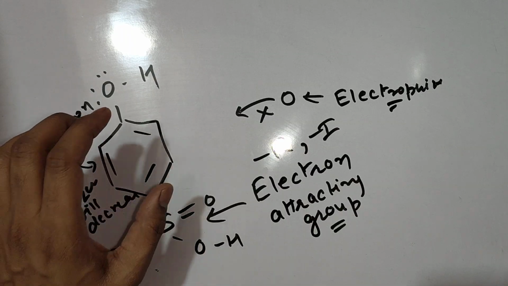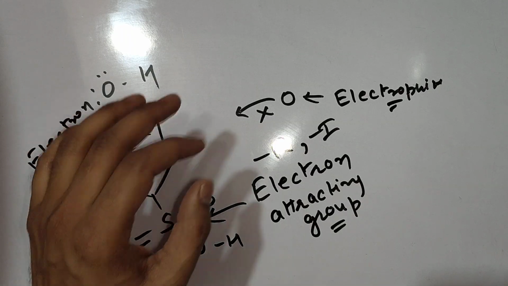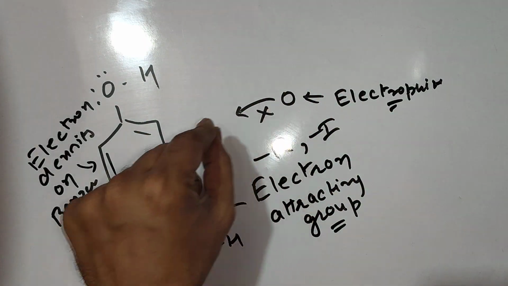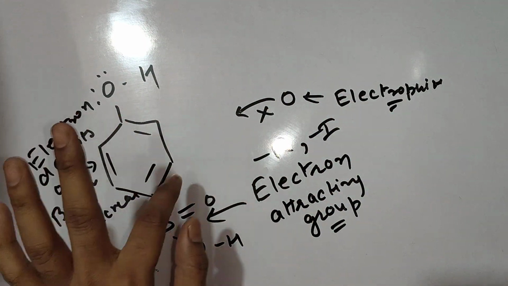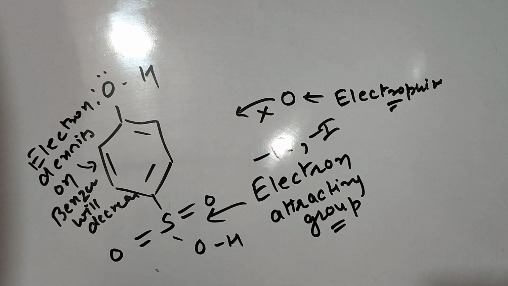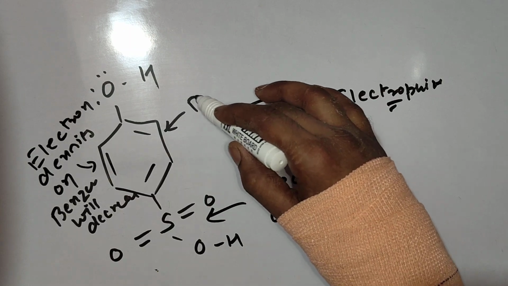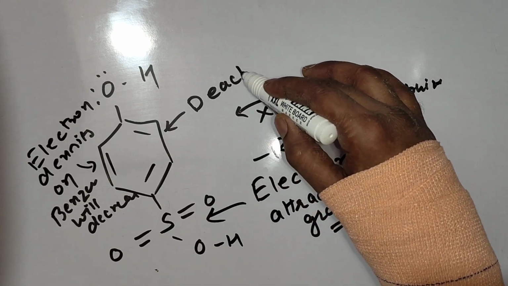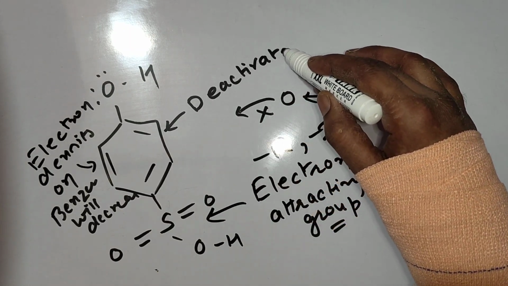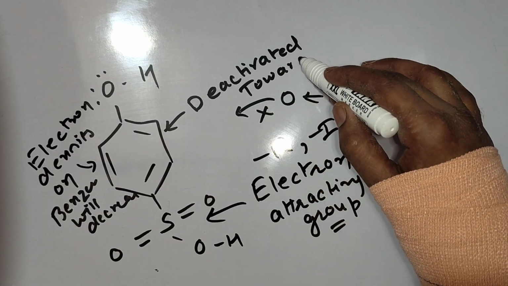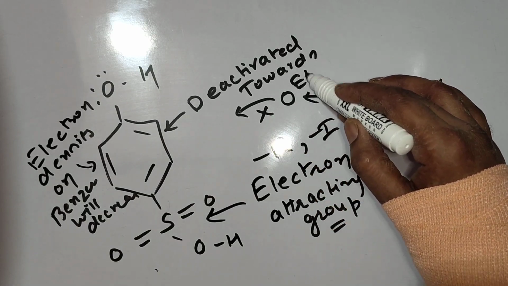It is decreasing the electron density of the benzene ring, due to which nascent oxygen, an electrophile looking for electrons, will not attack, because now fewer electrons are available here. When electron density on a benzene ring decreases, we say the benzene ring is deactivated towards electrophilic attack.